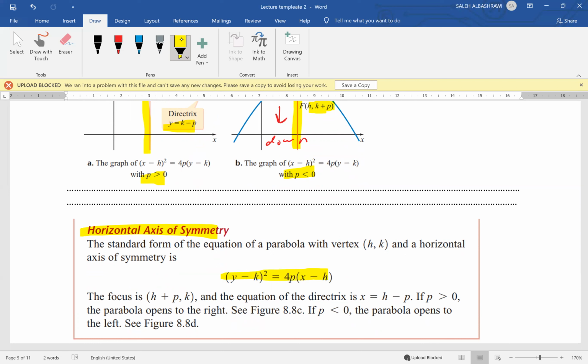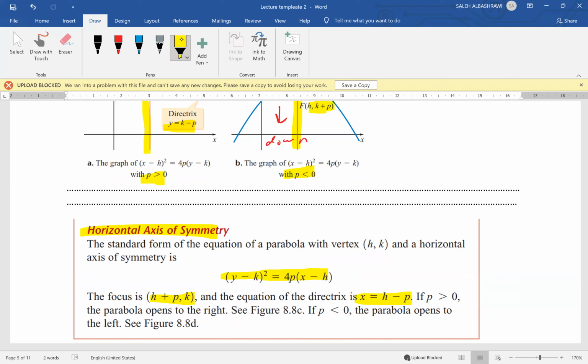It means the parabola will open to the left or to the right, depending on p, whether it is greater than 0 or less than 0. The focus point is given by (h plus p, k), and the equation of the directrix is x equals h minus p.